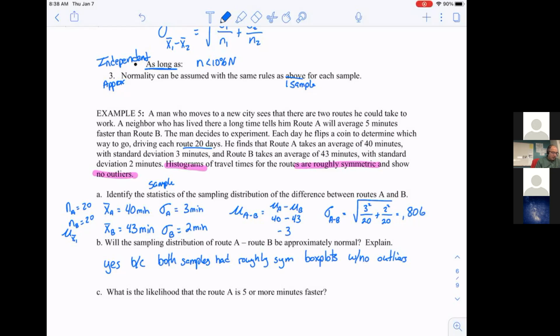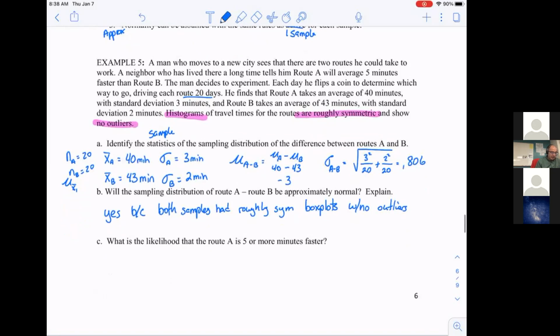Okay. So, C, what is the likelihood that route A is 5 or more minutes faster? We're going to find a variable.